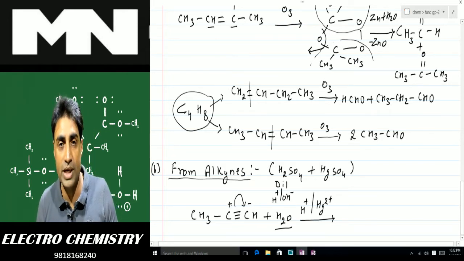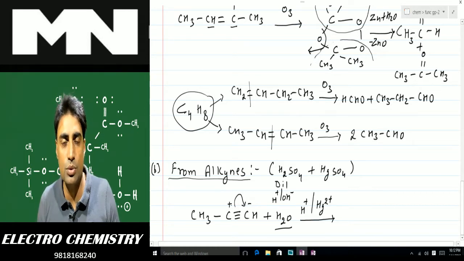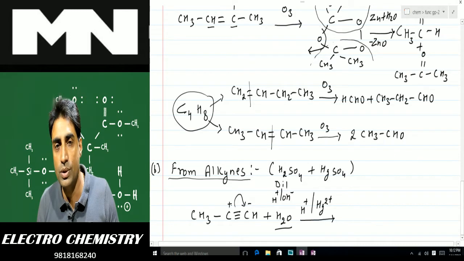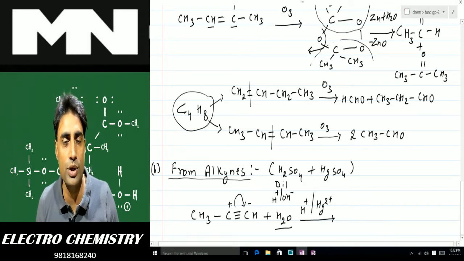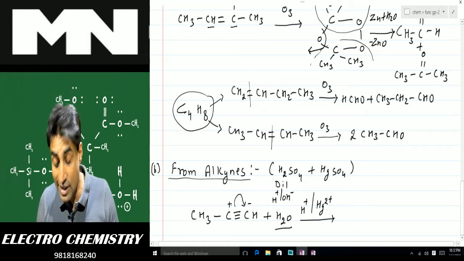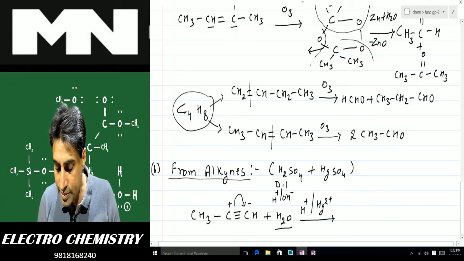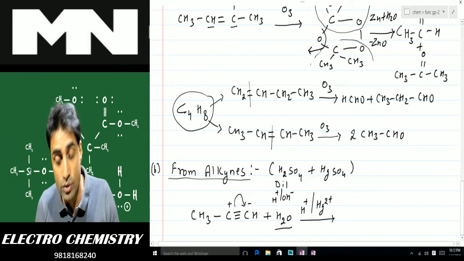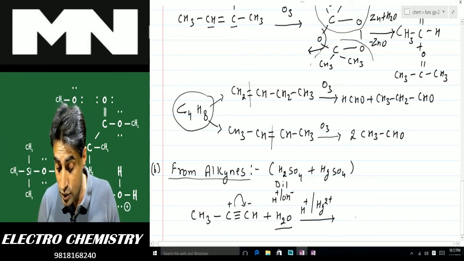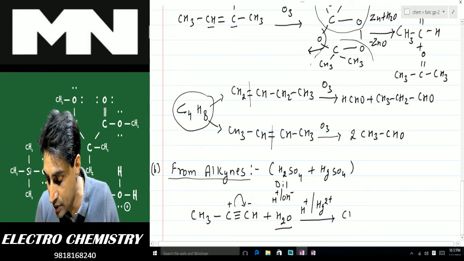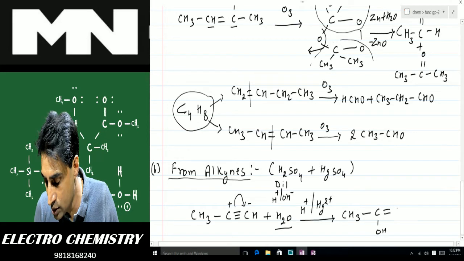This is the electromeric effect. And you know, since 2-degree carbocation is more stable, so only the 2-degree carbon, or the more highly substituted carbon, is going to acquire the positive charge, and the less highly substituted carbon is going to acquire the negative charge. That means the H+ from water will attack on CH and the OH- will attack on the other carbon. That means I'll get a compound like CH3-C(OH)=CH2.